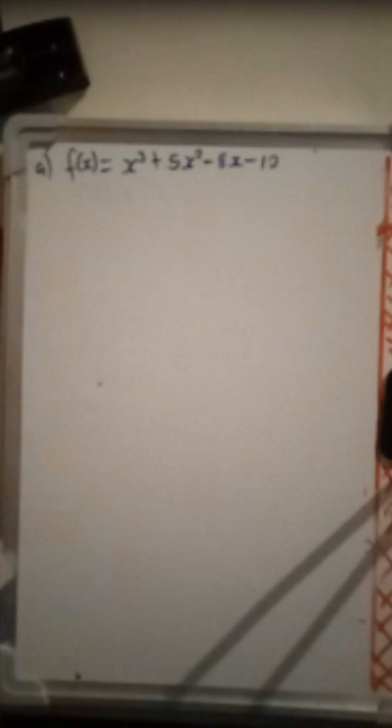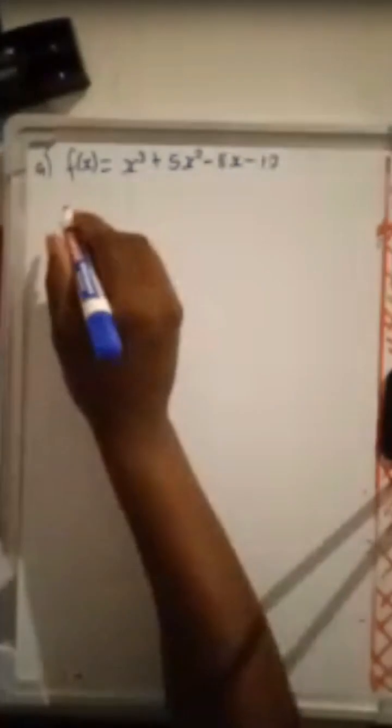What is happening at C, D, and E? That is where the graph cuts the x-axis. Therefore, y is equal to 0.